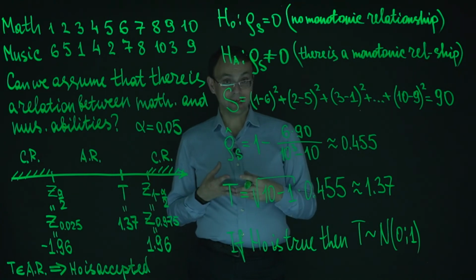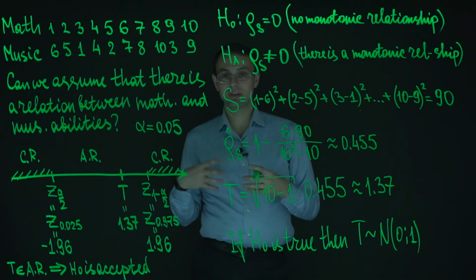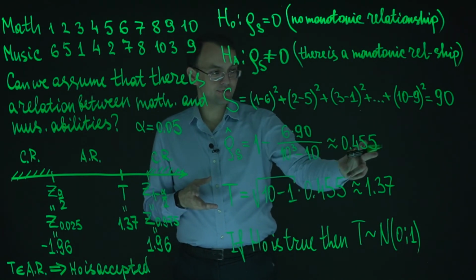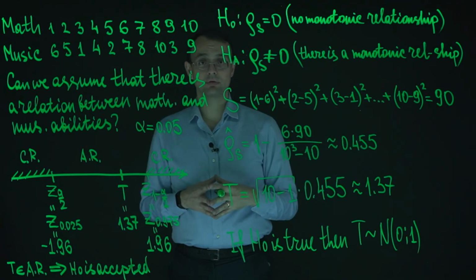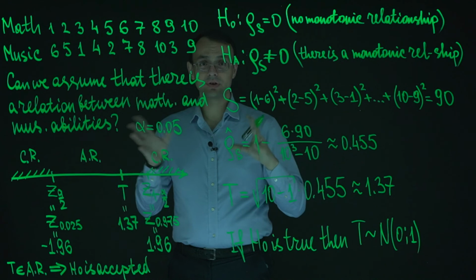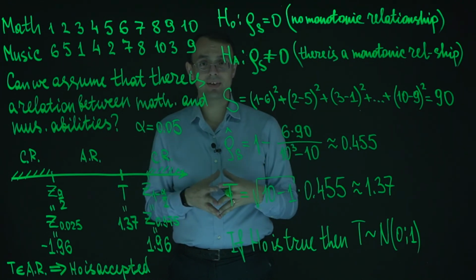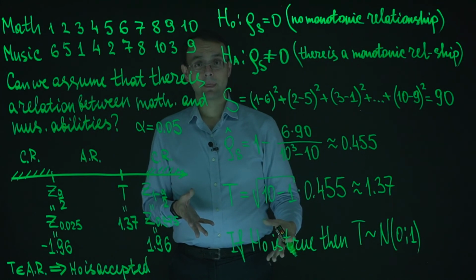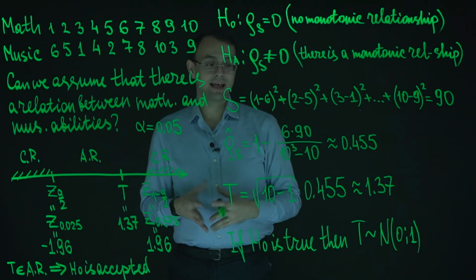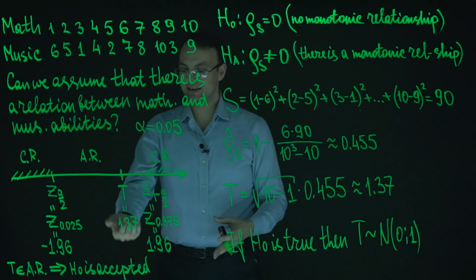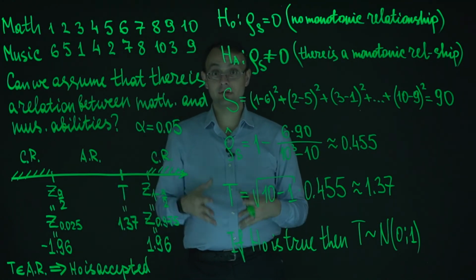So why does this happen? It seems to be a little bit strange. The coefficient is quite different from 0. It's not like 0.02, 0.07 or something like this. It's 0.45, almost 1/2. And in spite of this fact, we accept the hypothesis that there is no relation.